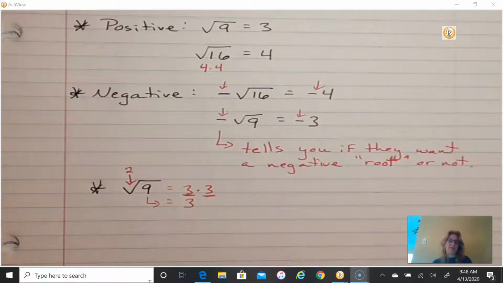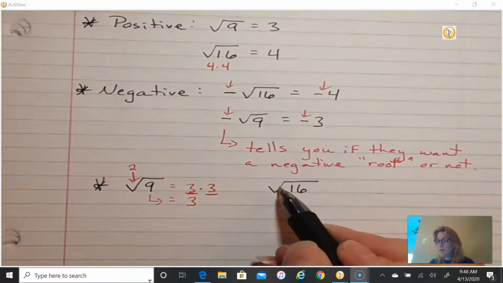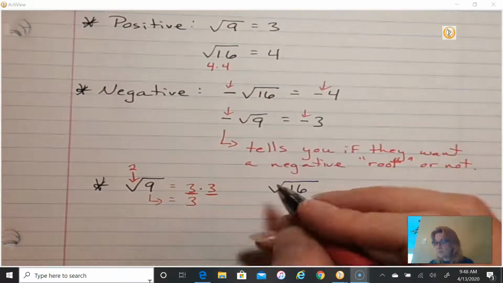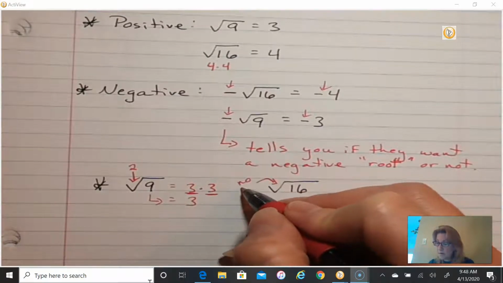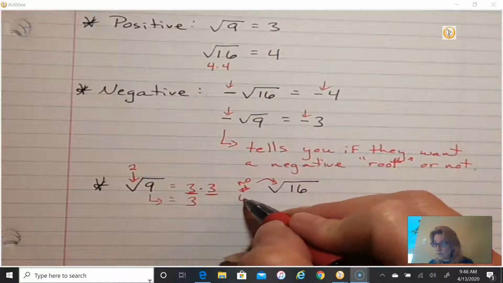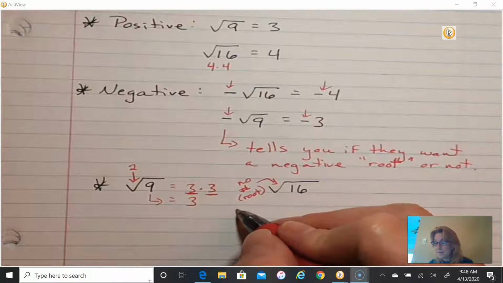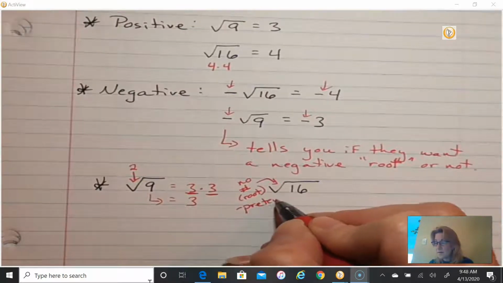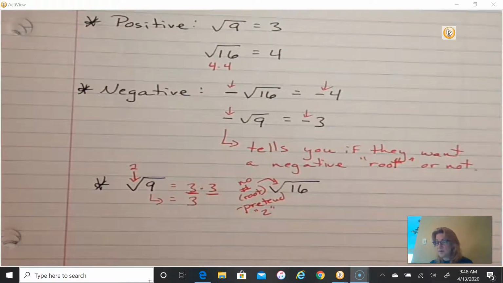It's kind of like whenever you have a letter and there's no number in front of it, we pretend there's a 1. Well, if we have a radical sign and there's no number there, no root, then we pretend there's a 2 there, okay?